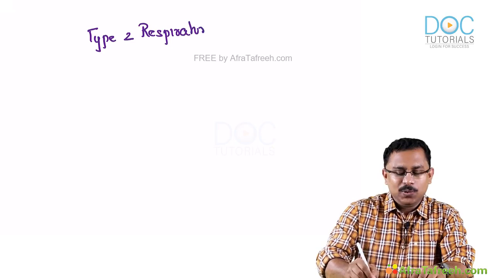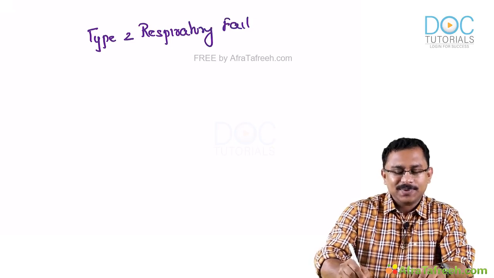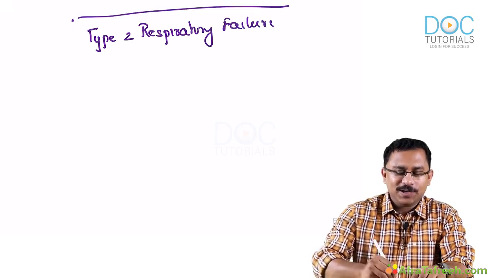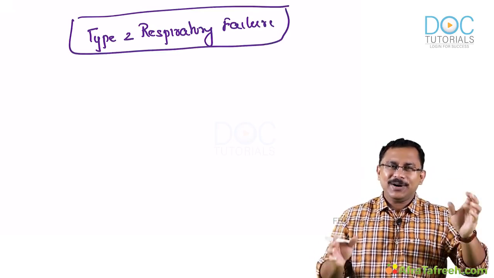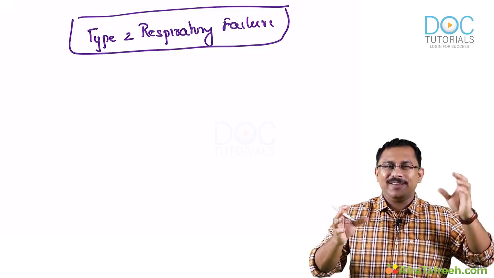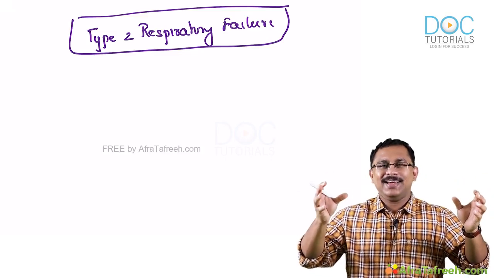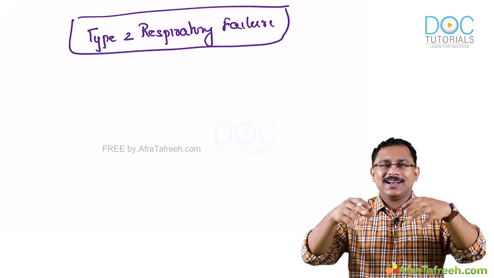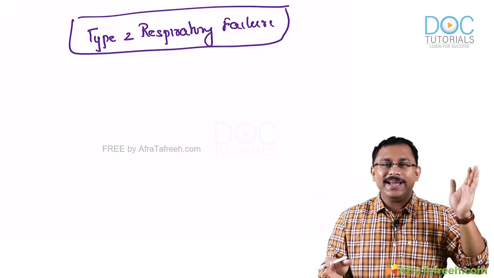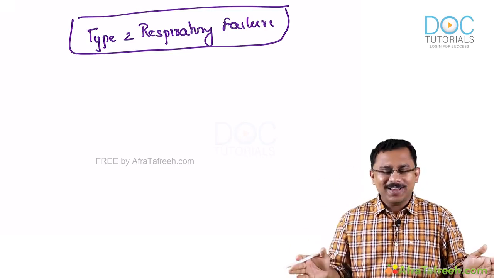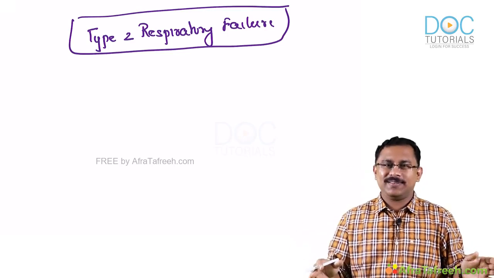Okay, type 2 respiratory failure. So if you have not watched my module on respiratory failure, please go back and watch. In that particular module, I did not tell you the difference between the emphysema and the bronchitis, just to make things clear here. So I hope now you know that in emphysema it is type 1 respiratory failure, chronic bronchitis, it is type 2 respiratory failure.